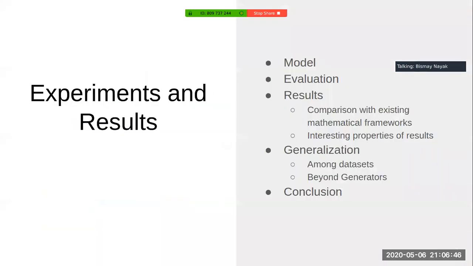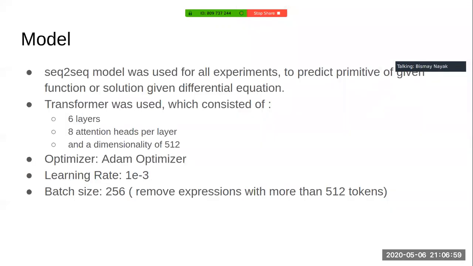Now, since we are over the data set creation, we'll move on to what experiments were conducted and the results. The experiment part is pretty simple and straightforward. There is nothing complex here. They trained a sequence to sequence model.